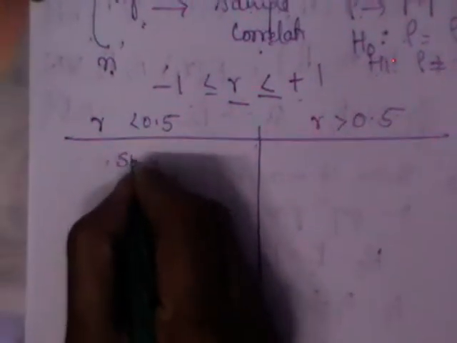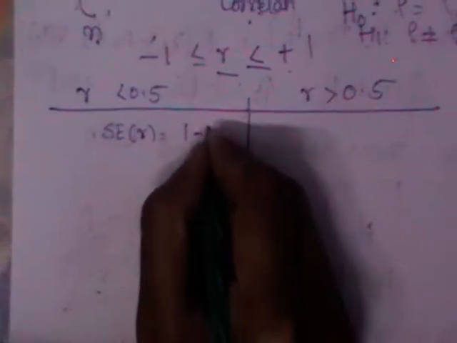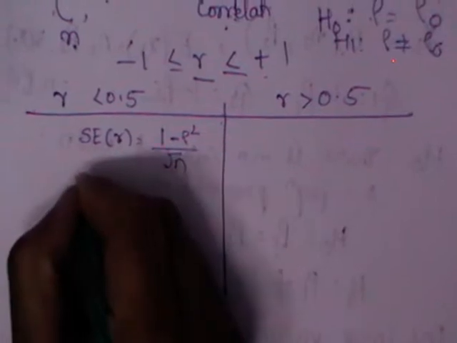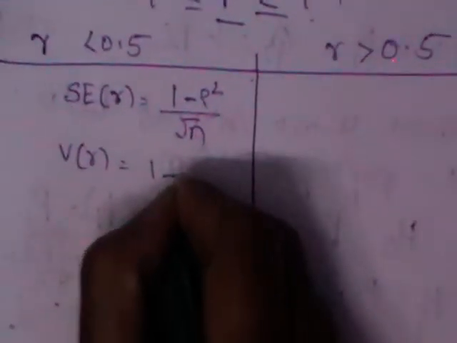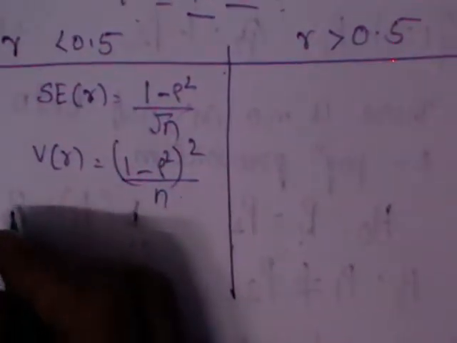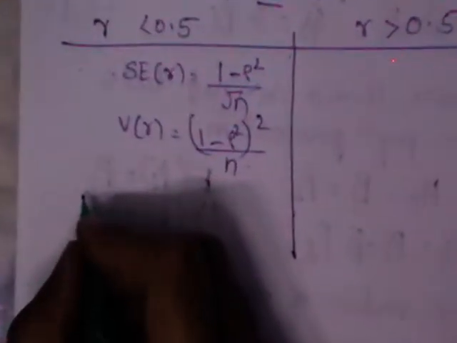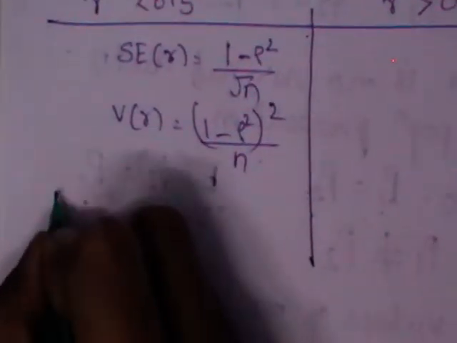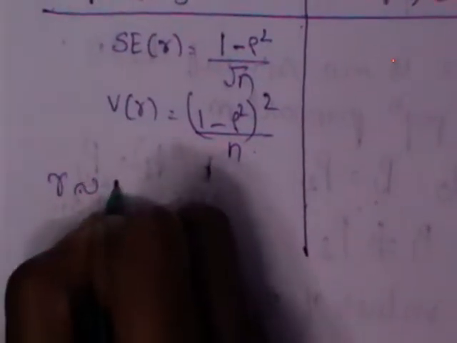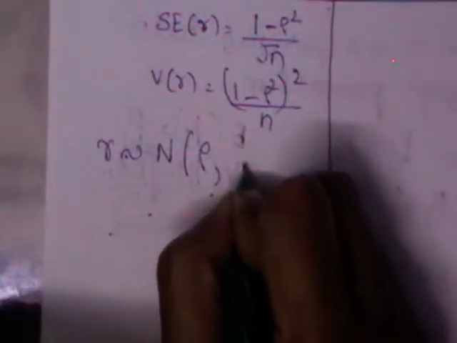When r is less than 0.5, what is the standard error of r? It is (1 minus rho square) by root n. And what will be the variance of r? (1 minus rho square) whole square by n. So what is the sampling distribution of r here? r follows normal with mean rho and this variance of r.